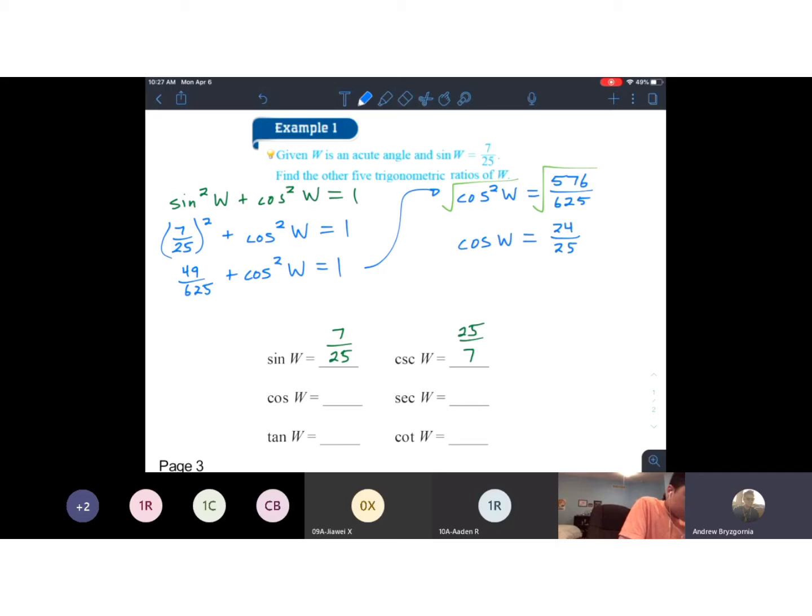And we know that the square root of 625 is 25 because back at the beginning, 25 squared was 625. So that's it. That is another one of our values. So cosine of W is 24 over 25, which means secant is 25 over 24. All right, does anybody want to give a shot then to what tangent is?